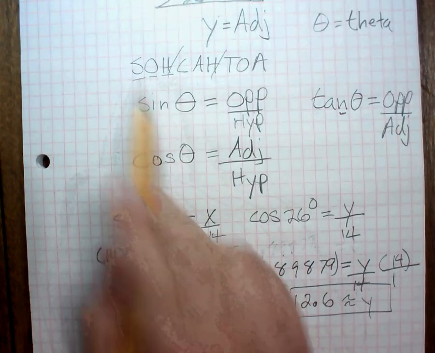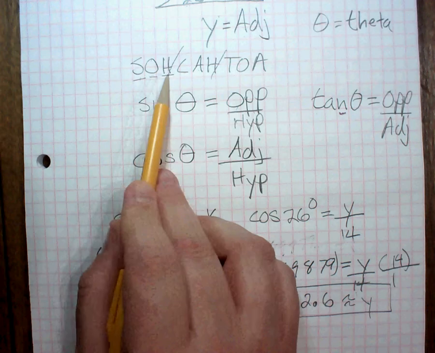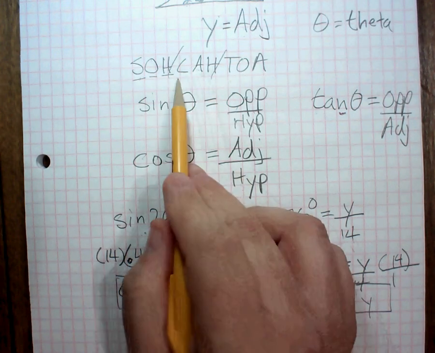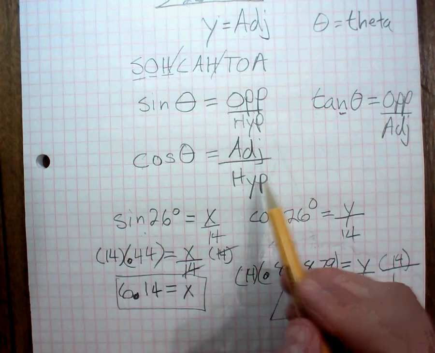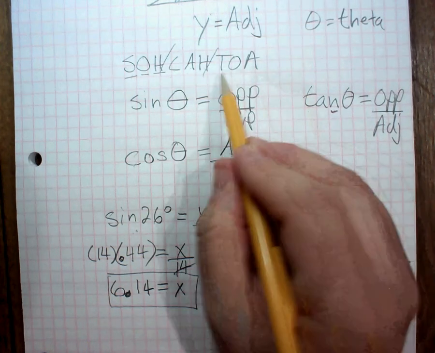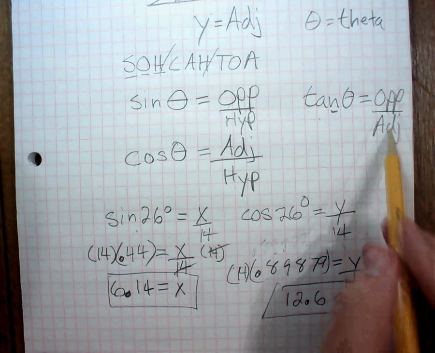Sohcahtoa tells us that sine is the opposite over the hypotenuse. Cosine is the adjacent over the hypotenuse. And then tangent is the opposite over the adjacent.